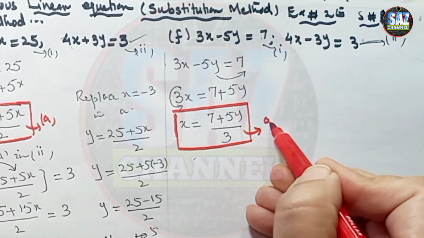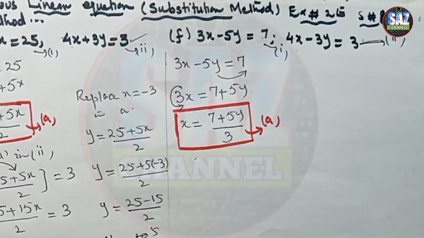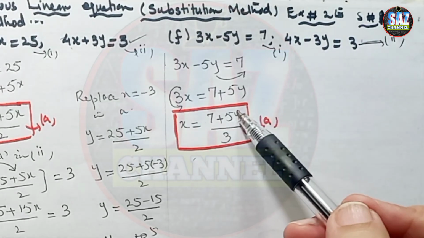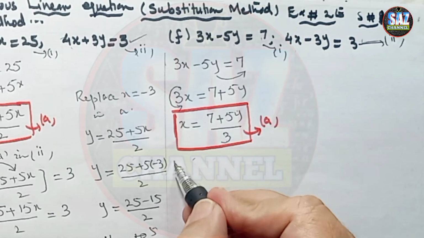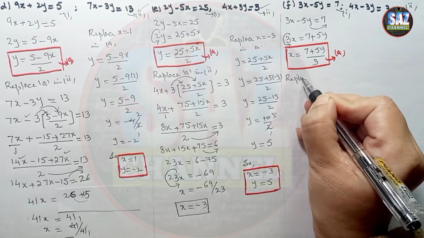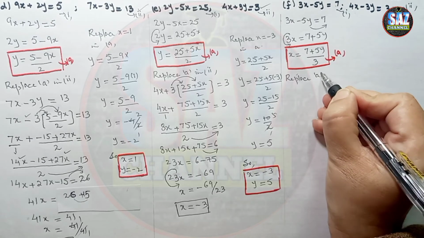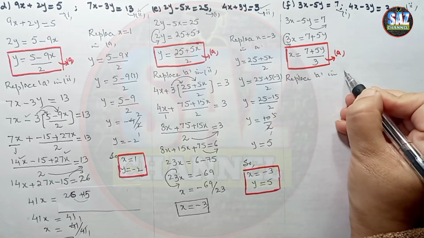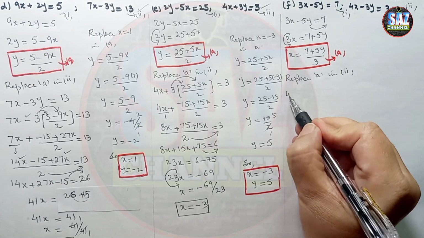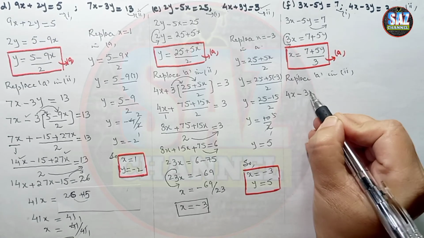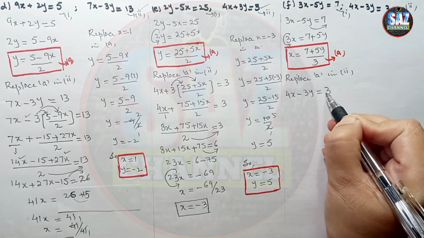Now let me box this answer and give some name to this. Let it be A. Now what I have to do, I have to replace the value of x, that is (7 plus 5y) by 3, in equation 2. I have to give the reference: replace A in equation 2. So equation 2 will take the form 4x minus 3y equals 3.